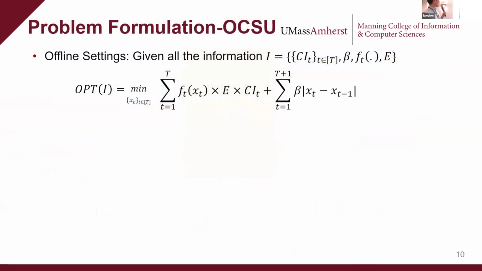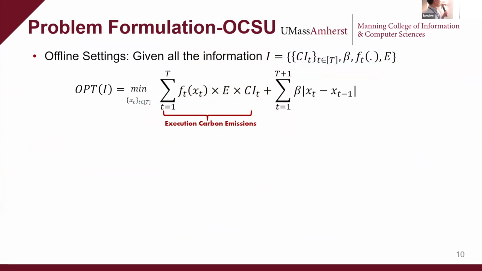And so this is the exact formulation of OCSU. So offline, we're given the carbon intensity, a parameter beta which can be interpreted as a linear coefficient that charges the algorithm proportionally to the amount of scaling between consecutive time steps.